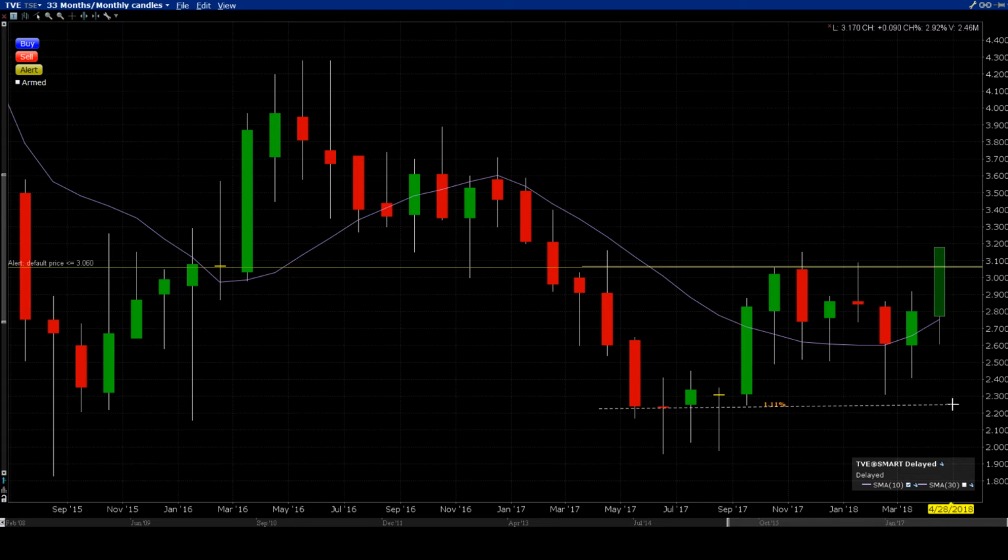Here we go. This is the support on the monthly. All this being a weekly noise. And here on the more intermediate pattern, noise. There you go.